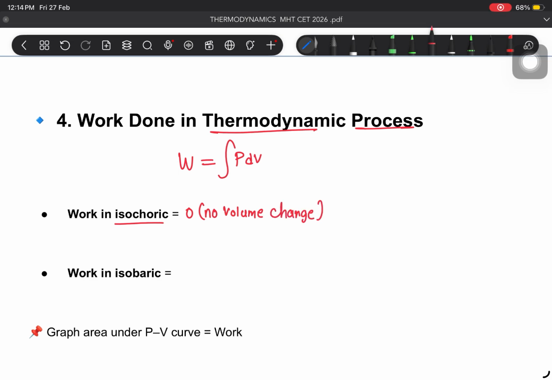V equals constant. Isobaric: P(V2 minus V1).